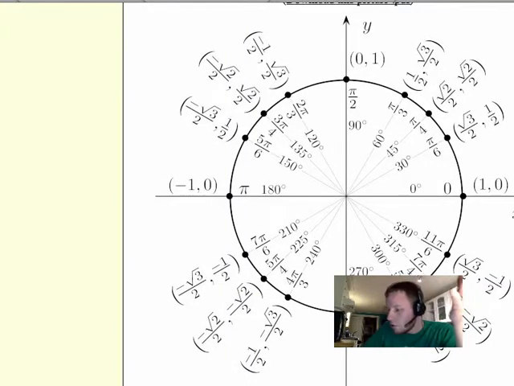With the unit circle right here, if you look, here's 30 degrees, that got pi over 6.